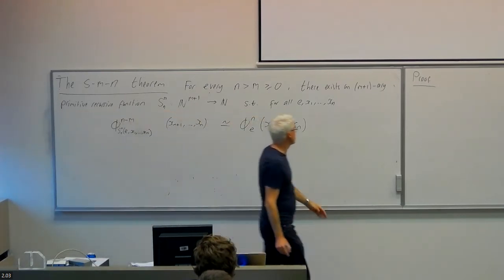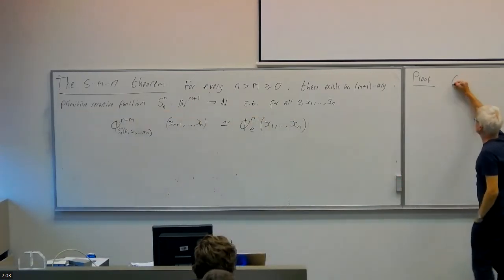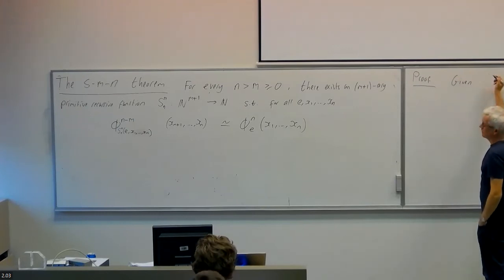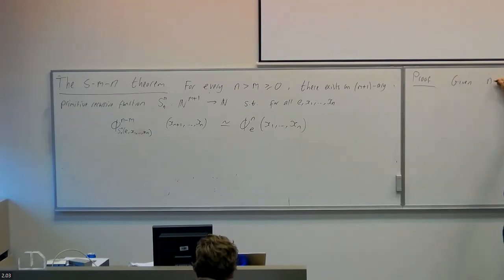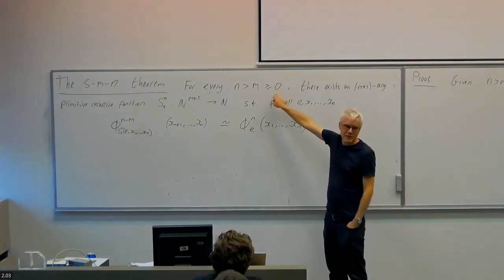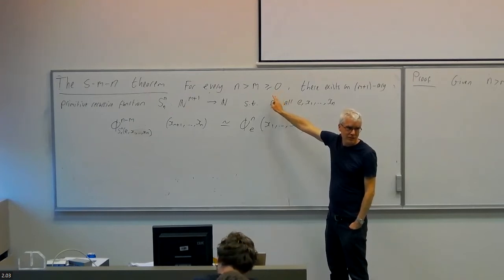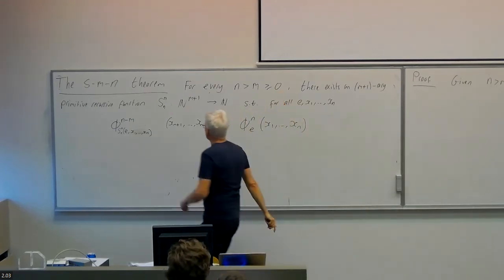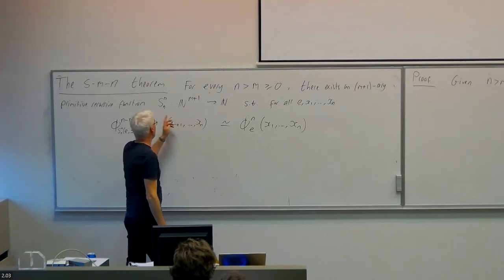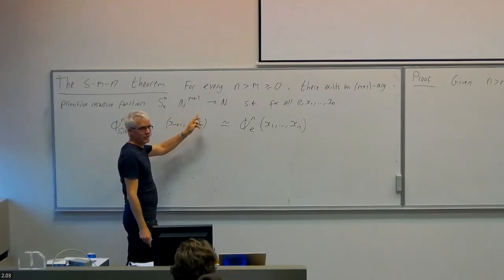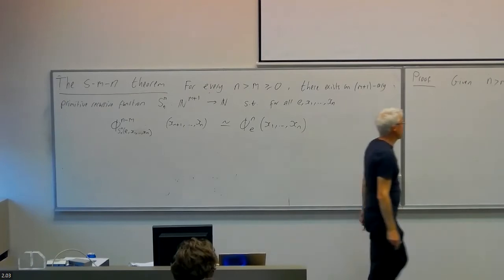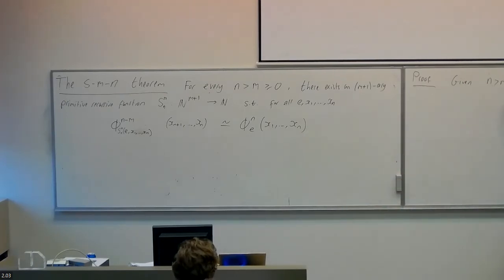So let's assume, given an m and an n, where m is strictly greater than n, and I'm going to assume that n is strictly greater than 0, because the case n equals 0 is actually trivial. You can think about that for yourself. Well, let me just tell you, in the case that n equals 0, the identity function on the natural numbers works here. So we don't need to worry about that case. We'll deal with the case that n is greater than 0.